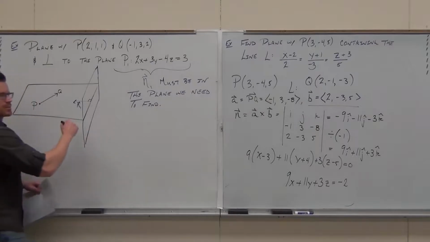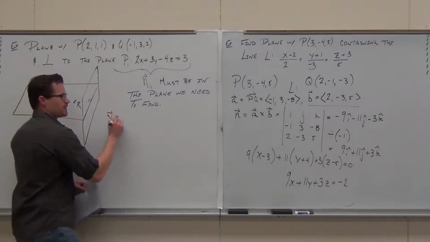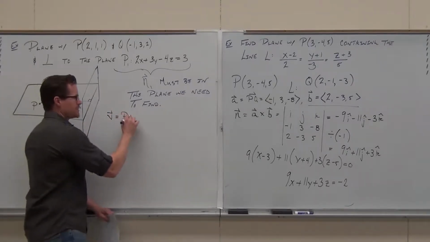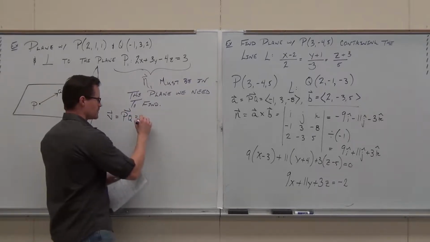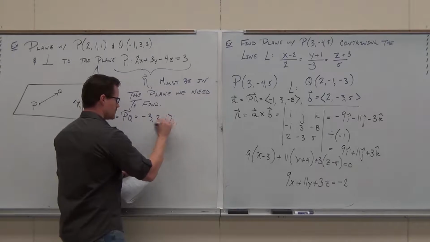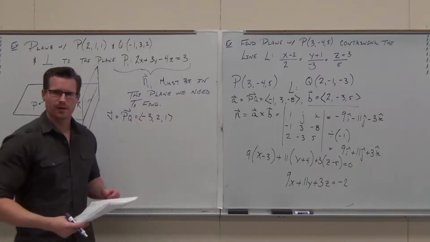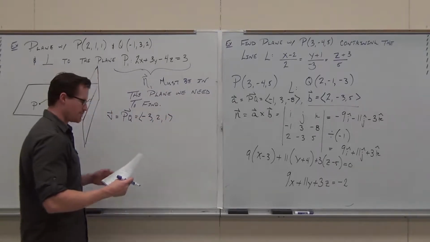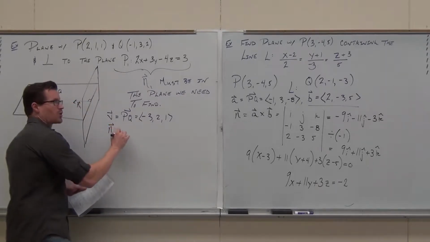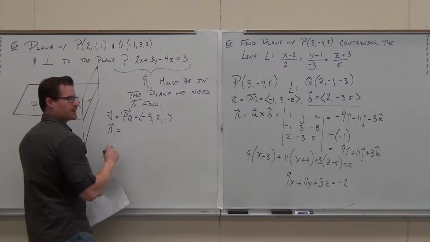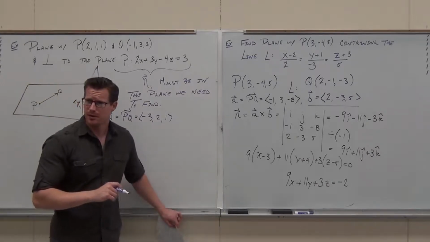The rundown is, number one thing, if we find a vector from P to Q, you need to be able to find that. That's the vector from P to Q. You can probably see it right now. If we have the normal from that plane, can you find the normal from that plane?